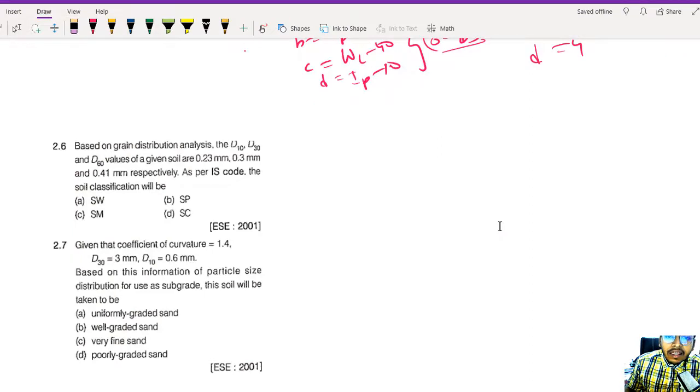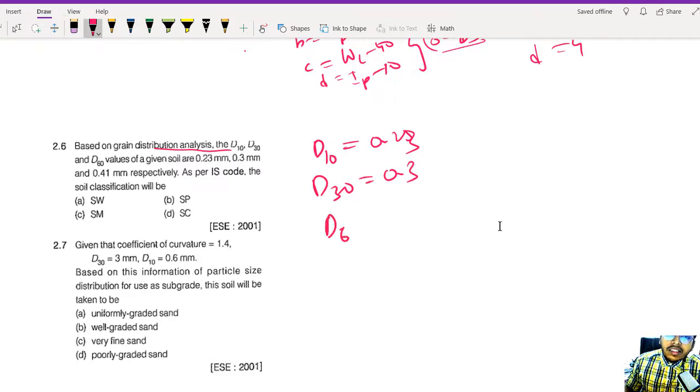Based on grain distribution analysis, D10 is equal to 0.23, D30 is equal to 0.3 and D60 is equal to 0.41. As per the IS code for soil classification, first of all see the soil size: 0.23 mm, 0.3 mm, 0.41 mm. D60, the 60% passing size, is 0.41 mm.